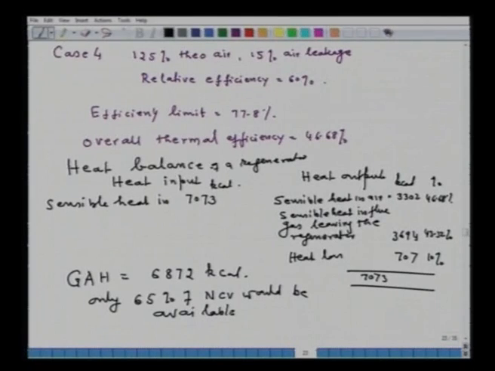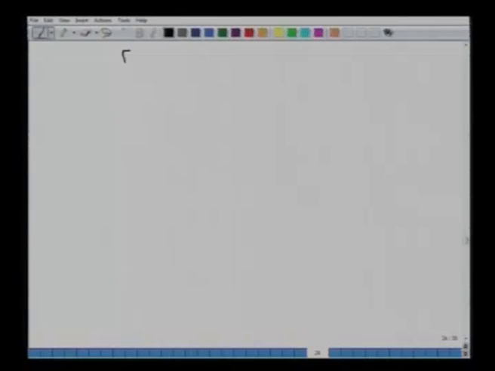Now, as a further step, let us calculate the effect on fuel consumption. Fuel consumption for 60% relative efficiency will be equal to the gross available heat requirement, as you know this formula, upon 6872, which is the heat available.